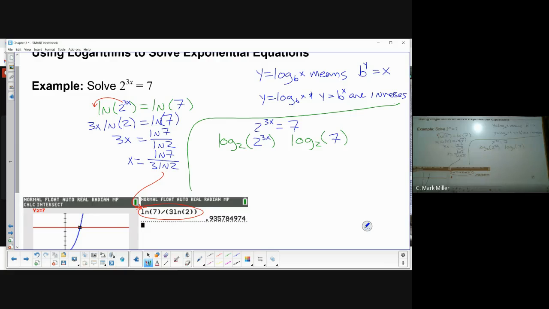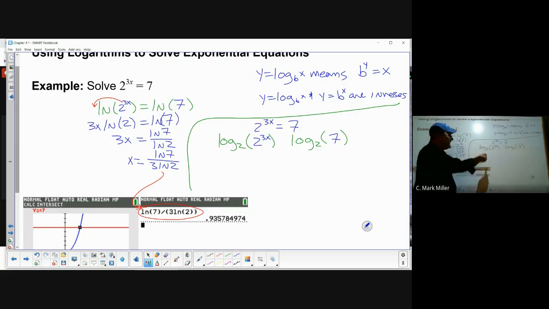The advantage of what he's saying is you have log base 2 and then 2 to a power. Those two undo each other. These two do not undo each other, because this is log base e and that's base 2. They don't have the same base. These two are inverses.